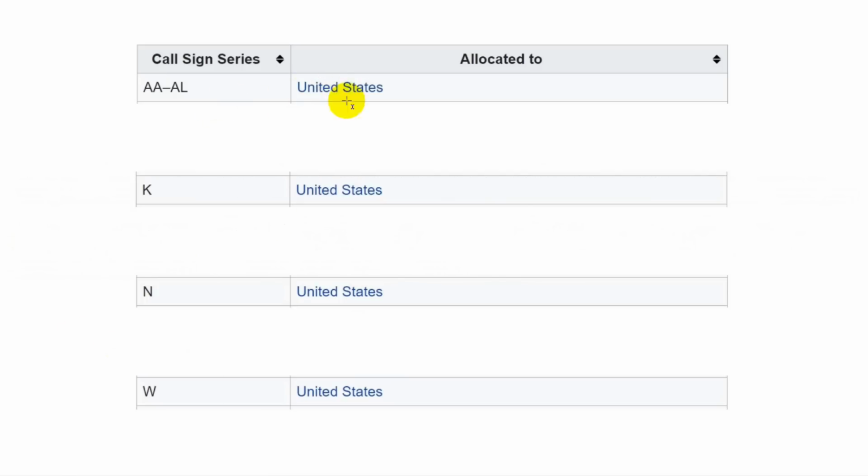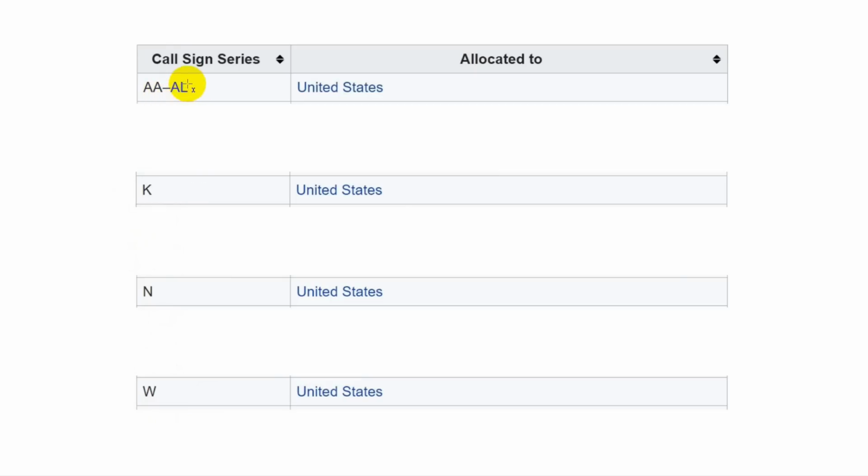In the United States, we've got K, N, and W. We've got everything for K, N, and W. It can be WA, WB, WBA, whatever it wants, but in the United States, we only do two letters and then the separating number, okay? And then usually two or three letters after that. If it's just one, it's often a special event station. We've got K, N, and W, and this is mostly what you get and hear today.